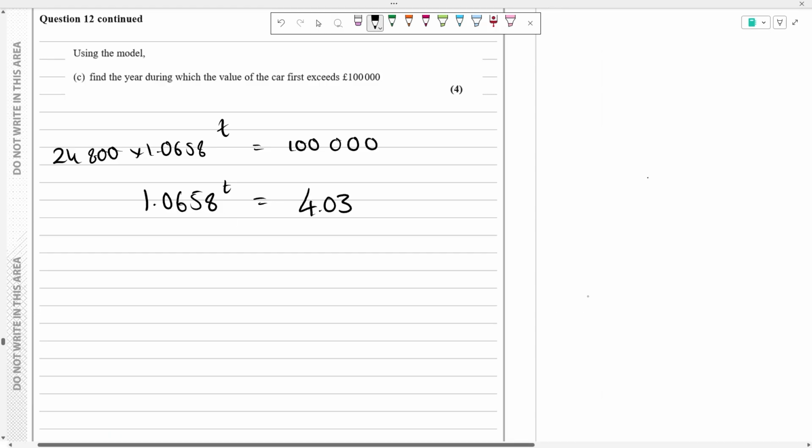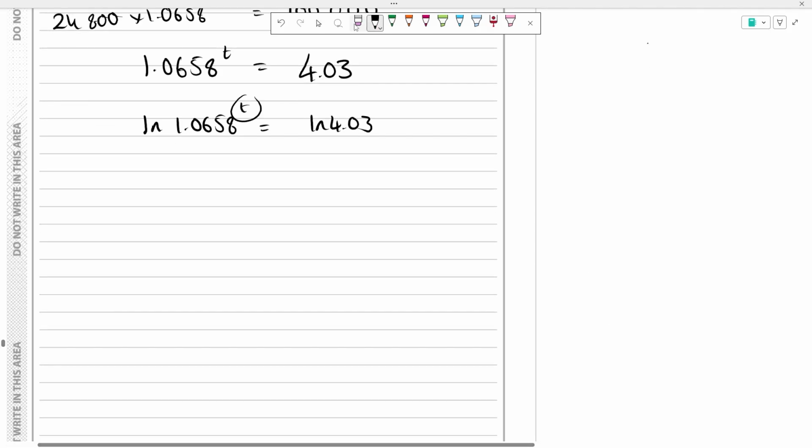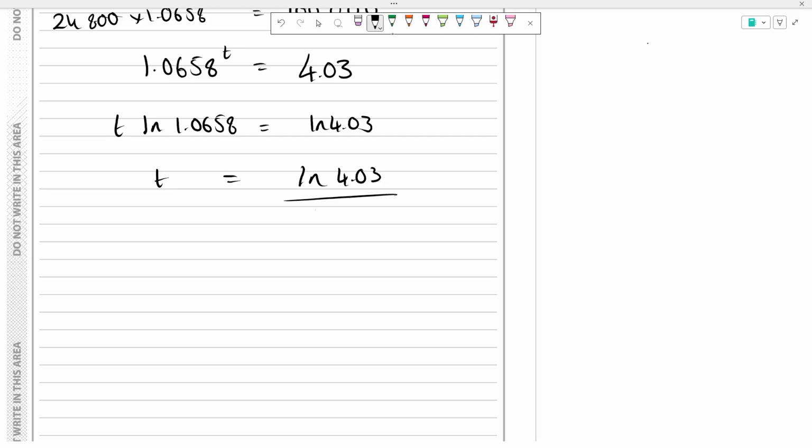And then you can use natural log or you can use log base. What's an easier method? I'm going to use natural log, why not? So what happens is I'm going to ln both sides, and then this t exponent can come down, so this becomes t ln 1.0658, and then I'm just going to divide through like so.